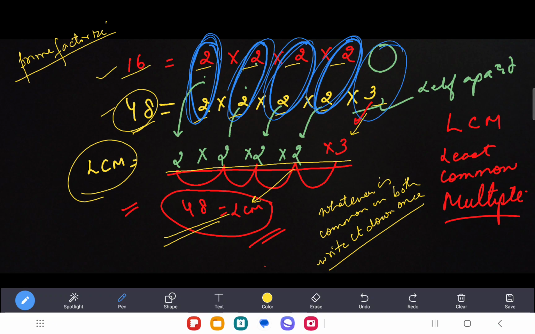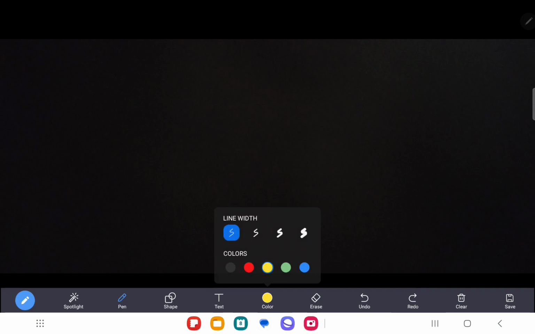Okay. So now let's understand how we are supposed to do this. Let us suppose we are finding the LCM of 92 and 276.